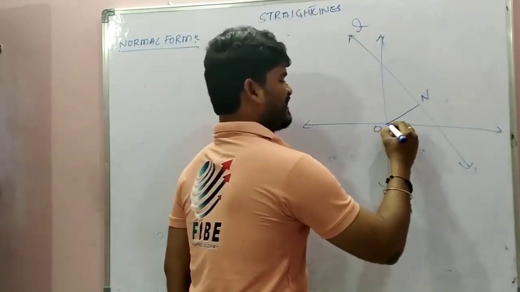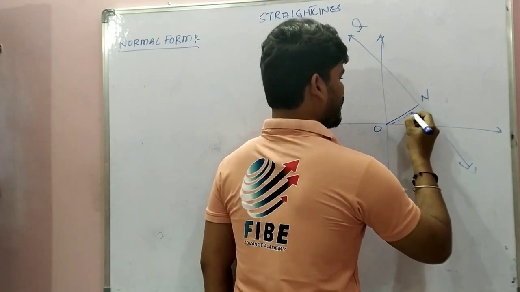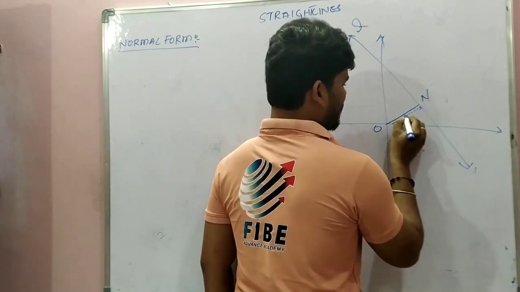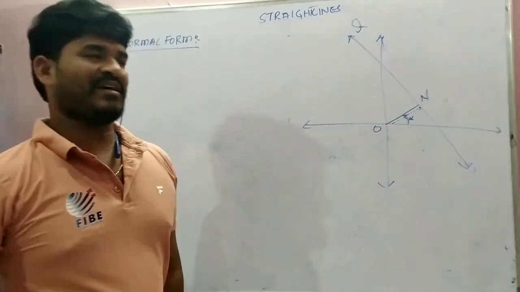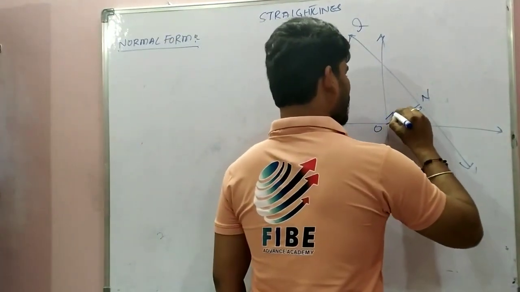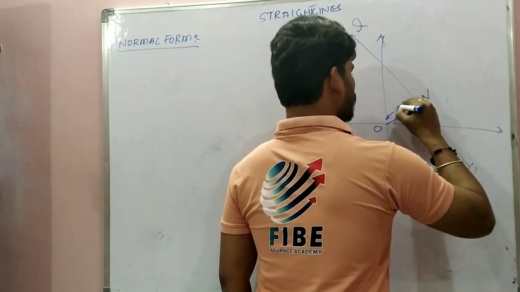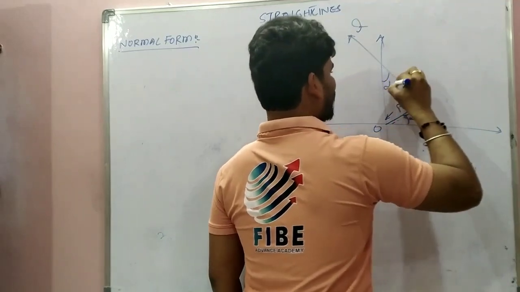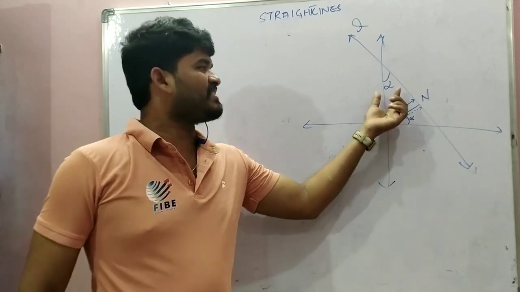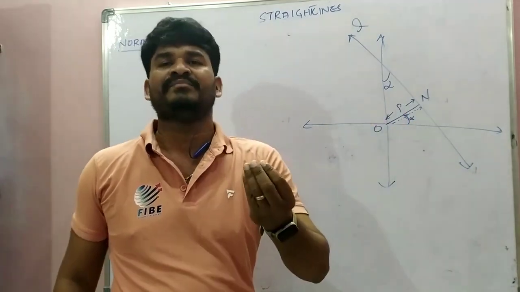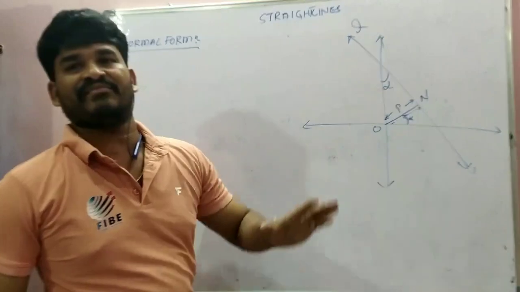Assume that the ray makes an angle anticlockwise alpha. Therefore ON is p. Actually we get this angle as alpha, and this angle is the same alpha. How do we get this angle as alpha?